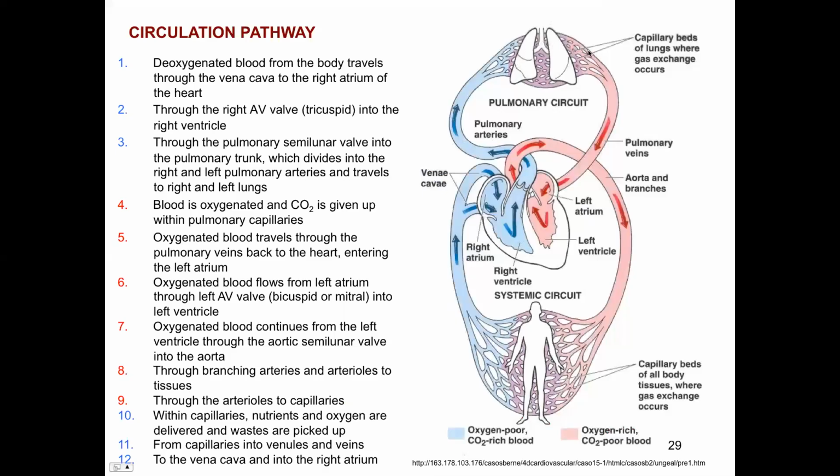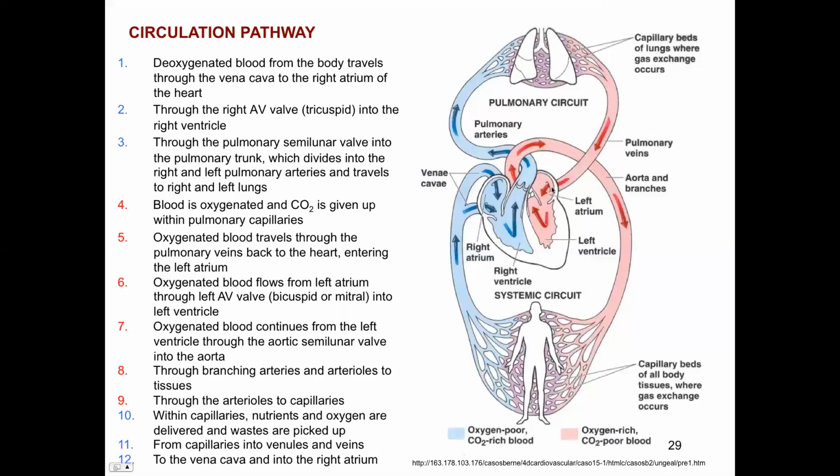Then from the lungs, it's going to come back through the pulmonary veins. So pulmonary arteries, even though it's deoxygenated blood going to the lungs, because arteries leave the heart, veins come back. So here's the one set of veins where we have oxygenated blood coming back to the heart. So pulmonary veins coming back to the left atrium.